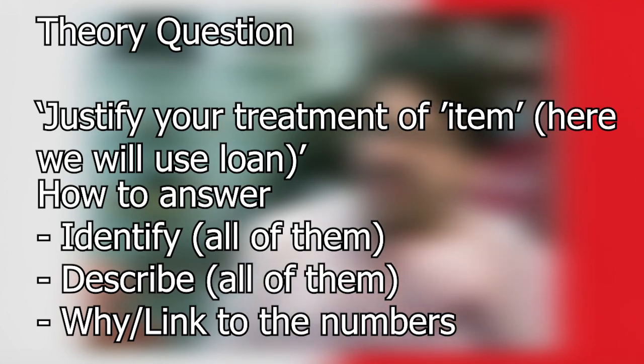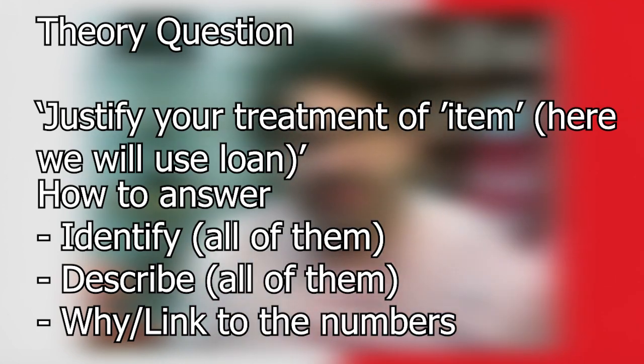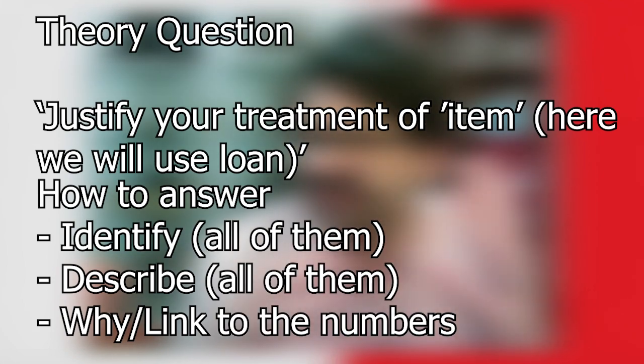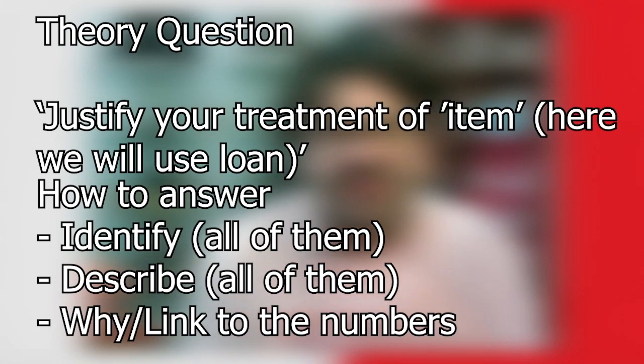So you're identifying both current and non-current liabilities. You're saying what both are. You're linking both here. So for example, I would say it's a current liability because you need to pay 12,000 within next year, but it's also a non-current liability because you need to begin making those payments beyond 1 year.